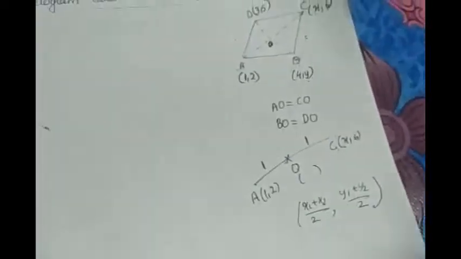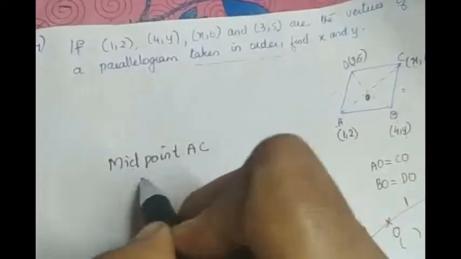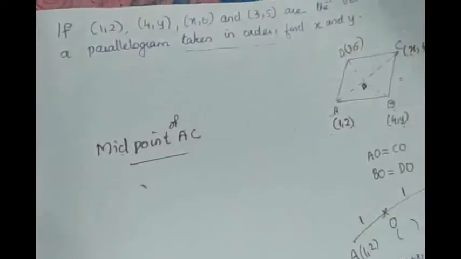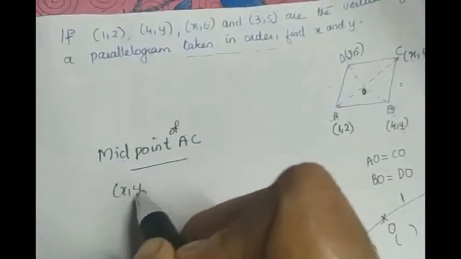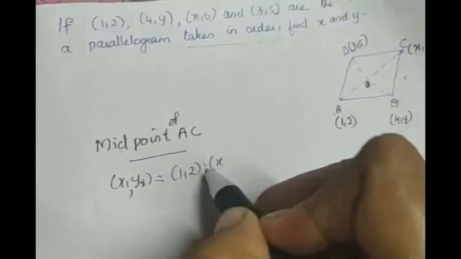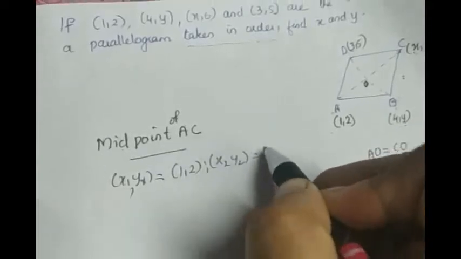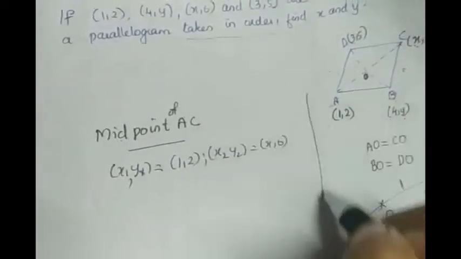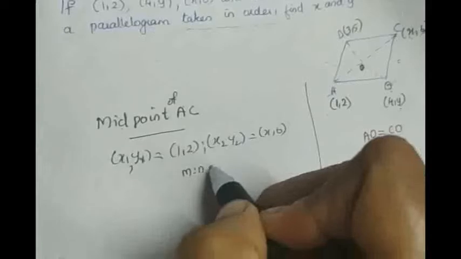So we are going to find the midpoint of AC by using the section formula. There (x1, y1) will be equal to (1, 2), (x2, y2) will be equal to (x, 6), m is to n is equal to 1:1.